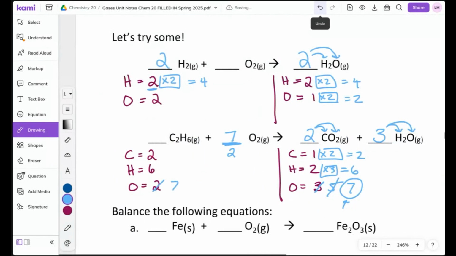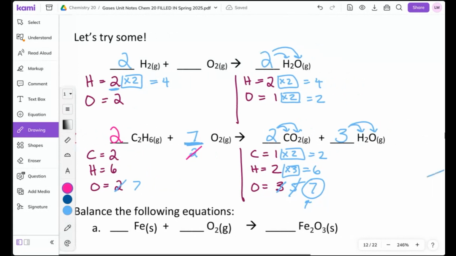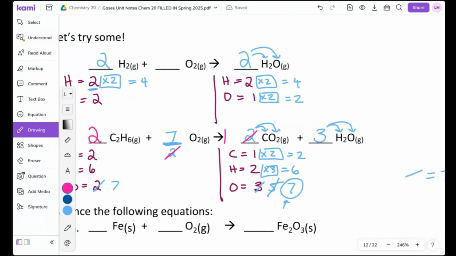All right, so multiplying everything by 2, I'm going to have to write this off to the side here. That'll give us 2 C2H6, that'll give us 7 oxygens, 4 carbon dioxides, and then 6 water vapors.